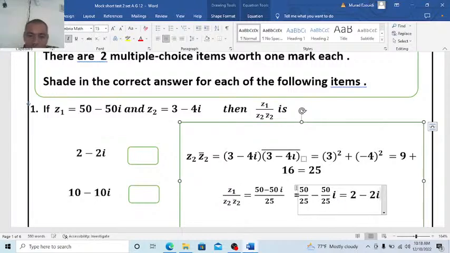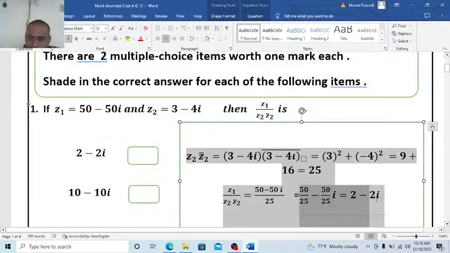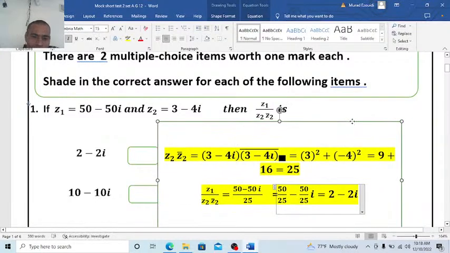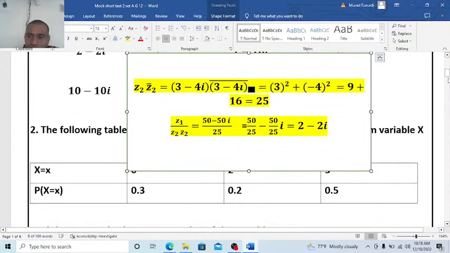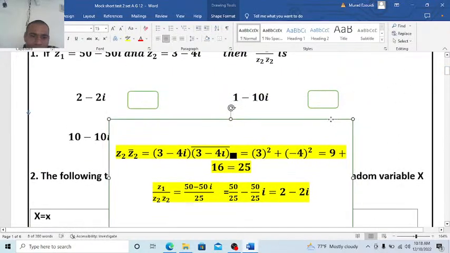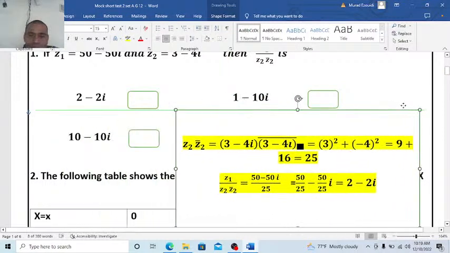Therefore the correct answer is now clear for you: 2 minus 2i. Looking at the answers, the first one is 2 minus 2i, and the second one is 1 minus 10i.